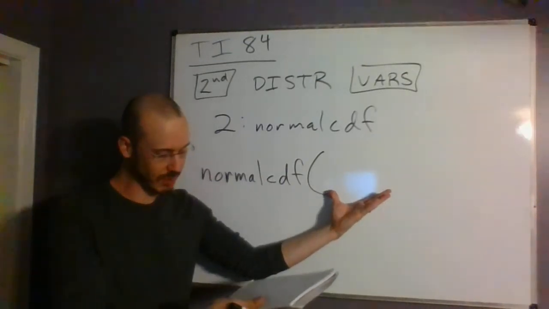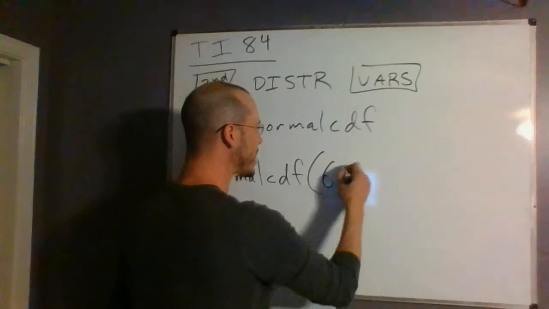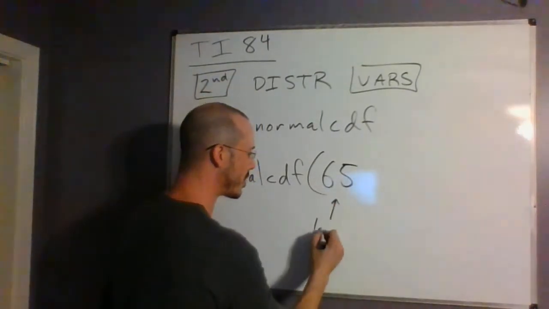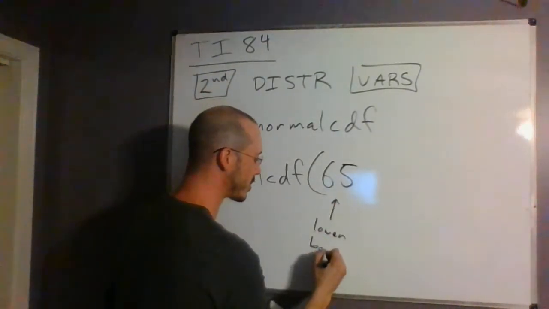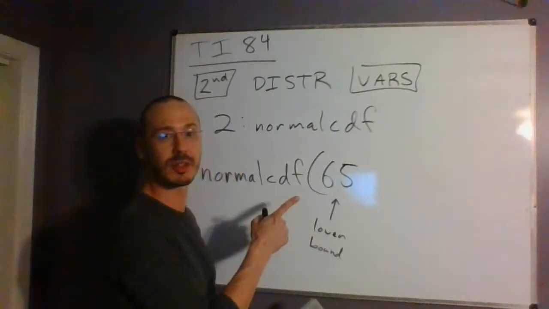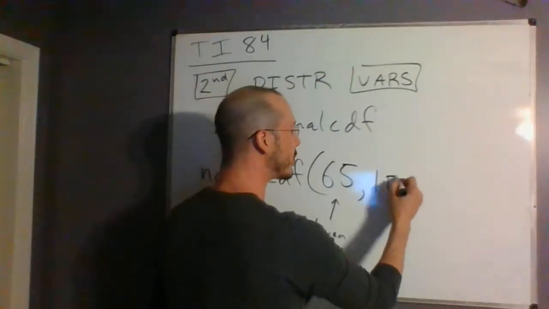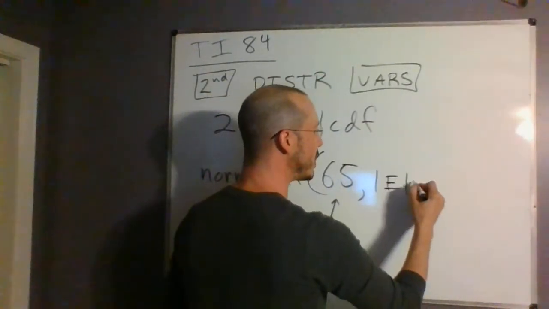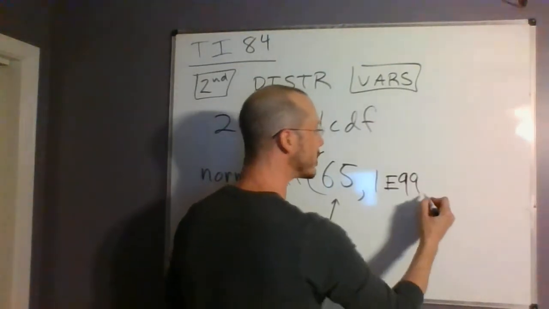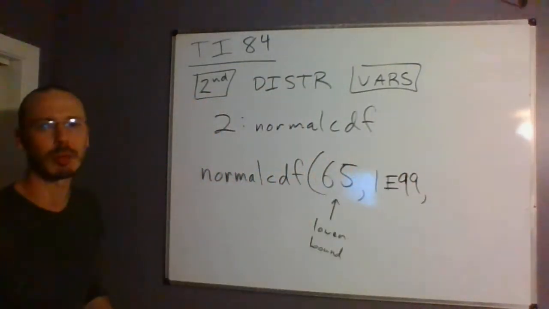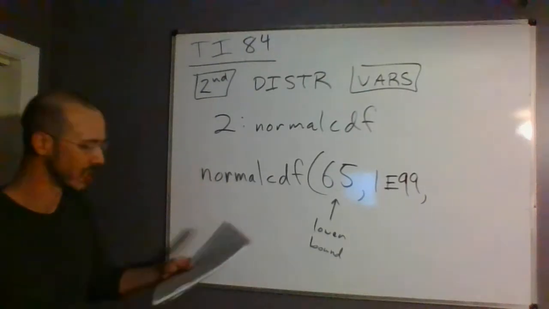What I need to put in are the 65, which is the lower bound. That goes in first. Then my upper bound, remember 1E99, gives me a very, very large number that's effectively infinite.